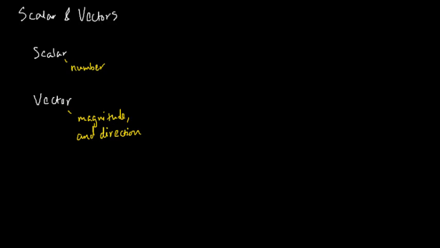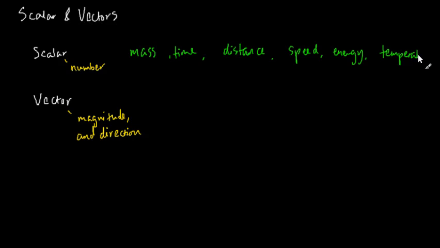A scalar could be, let me write down something like mass, time, distance, speed, energy, temperature. We're going to see lots more of these in physics.